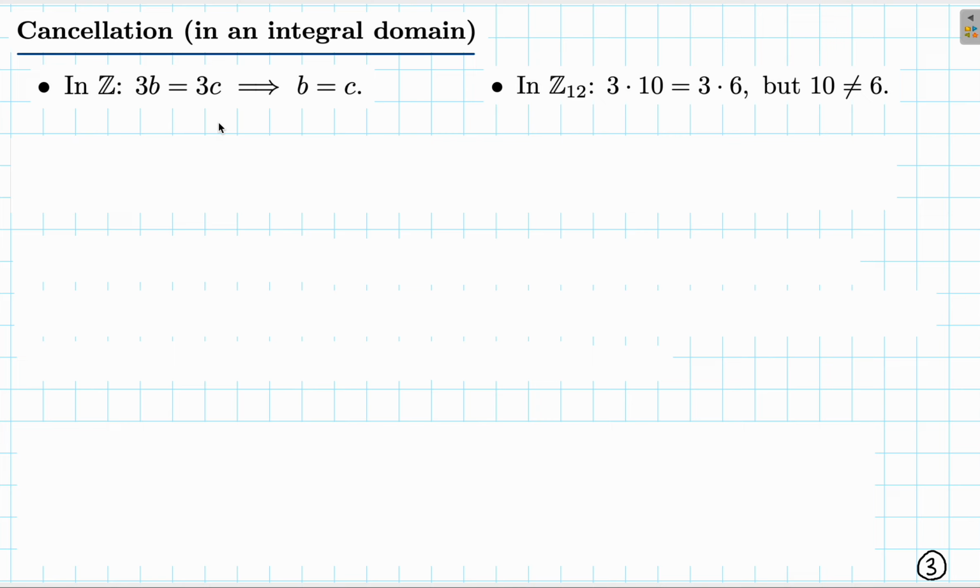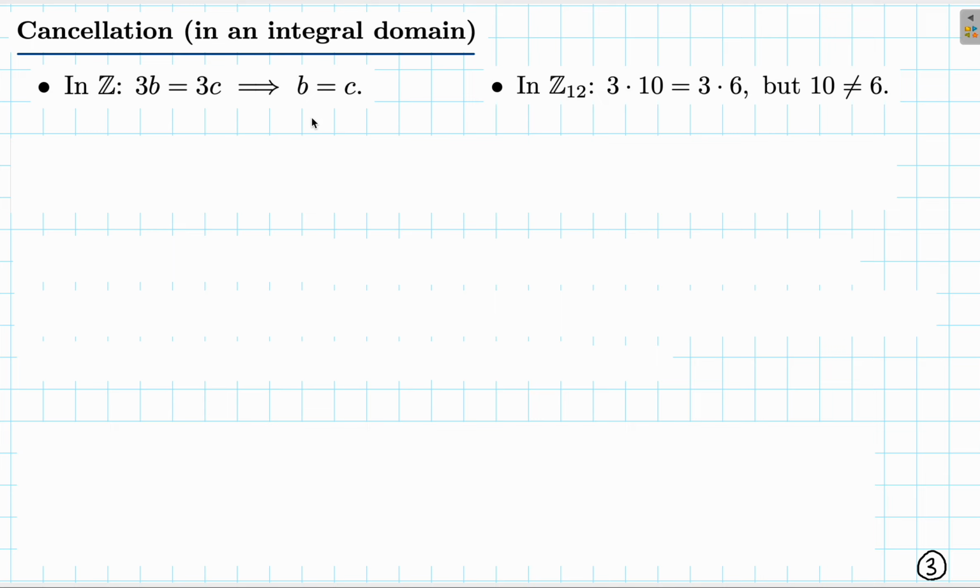Let's discuss the cancellation property in an integral domain. In the ring of integers Z, for instance, which is an integral domain, we have the following. If 3b equals 3c, then we can cancel the 3 from both sides and conclude that b must equal c.